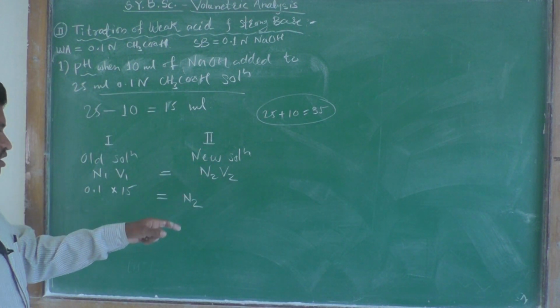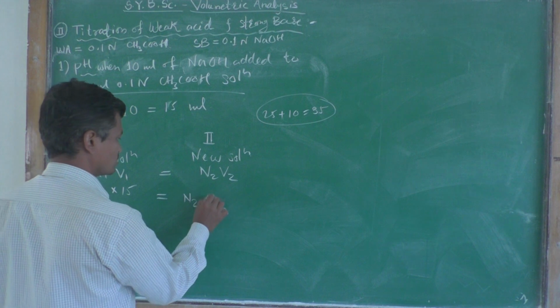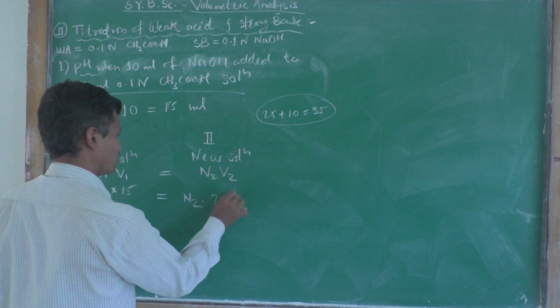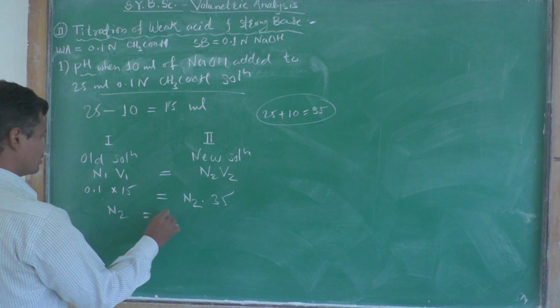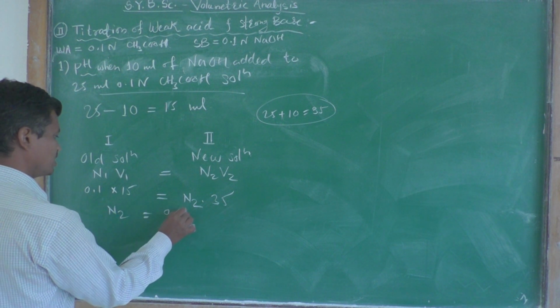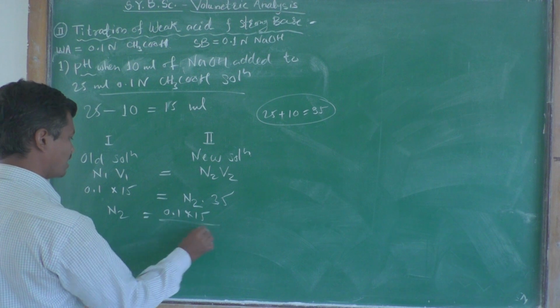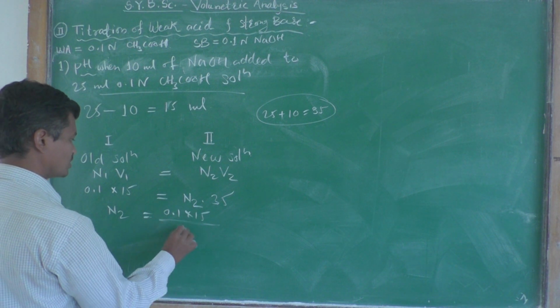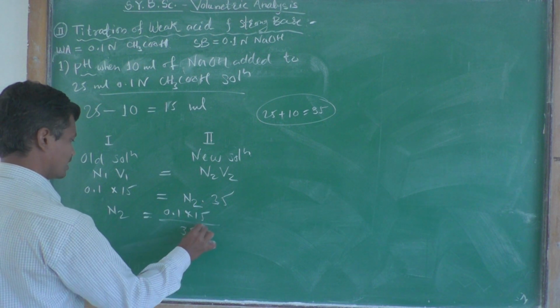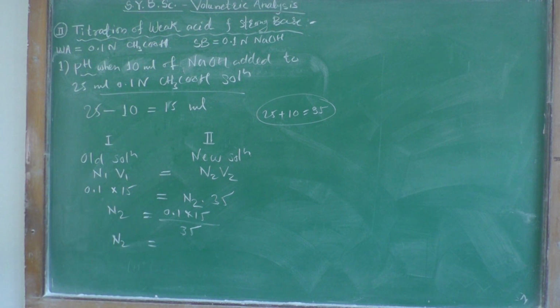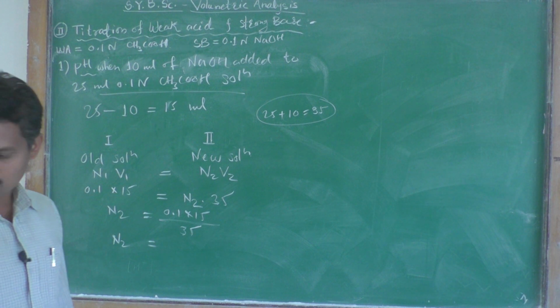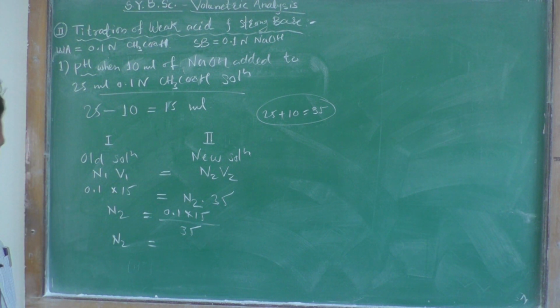So N2 into 35, so N2 equals 0.1 into 15 divided by 35. The new concentration of this acetic acid solution will be 0.0426.